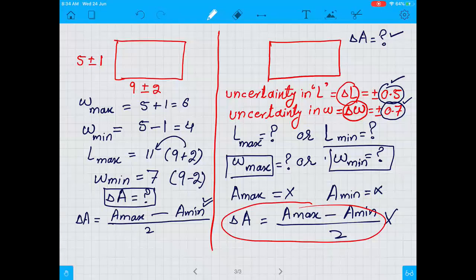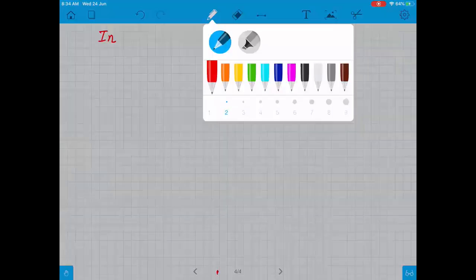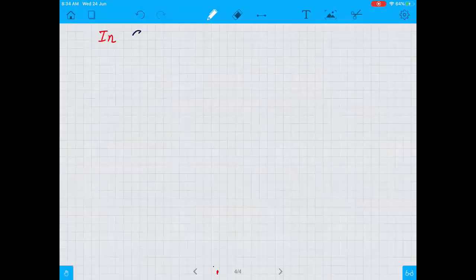So in the CAI syllabus, we'll get two types of situations.